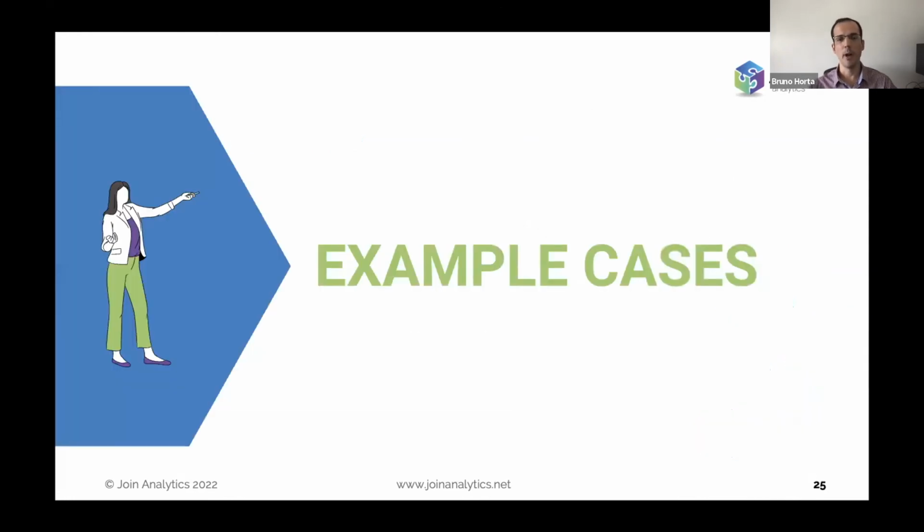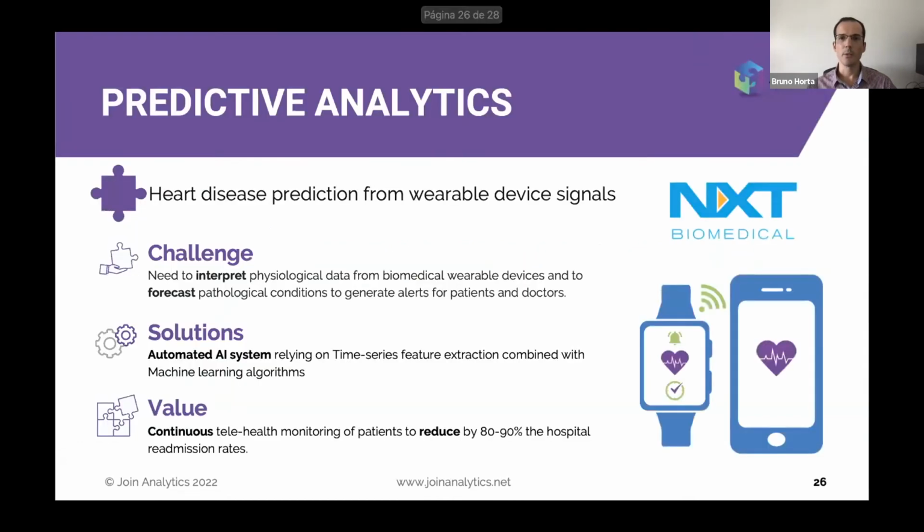And I'll finalize the presentation showing two real cases. One case is from NXT Bio from Irvine, so maybe some of you know about them. There is one project in NXT that is related to heart disease prediction from wearable device signals.